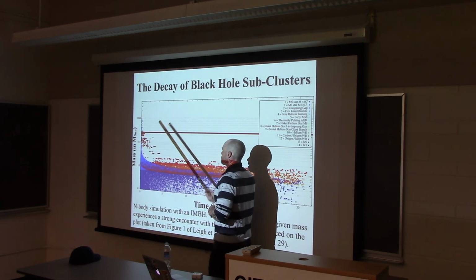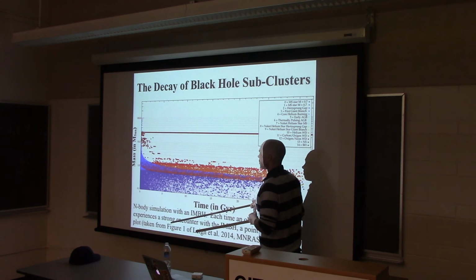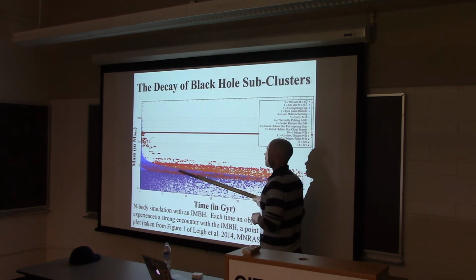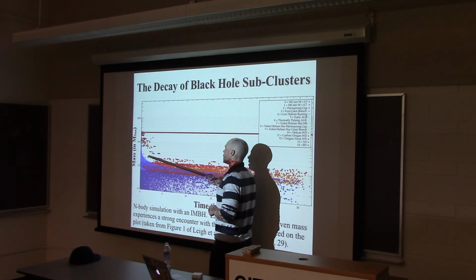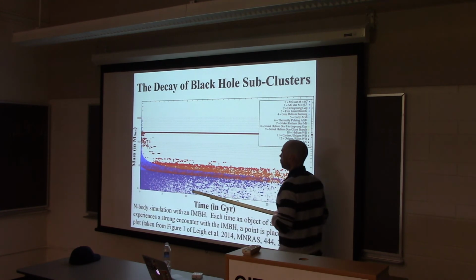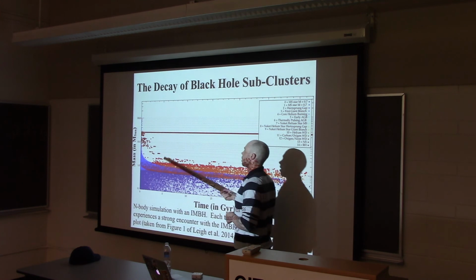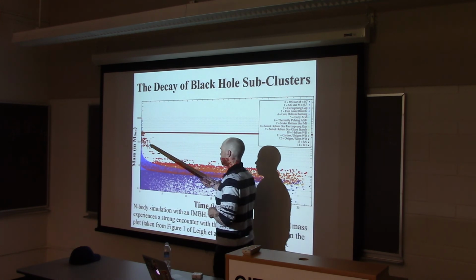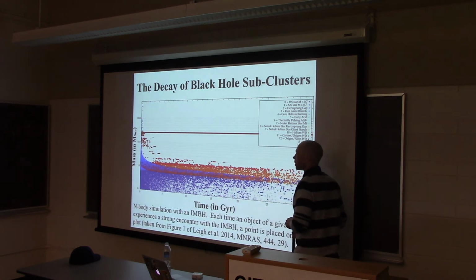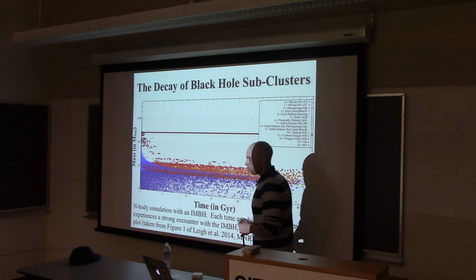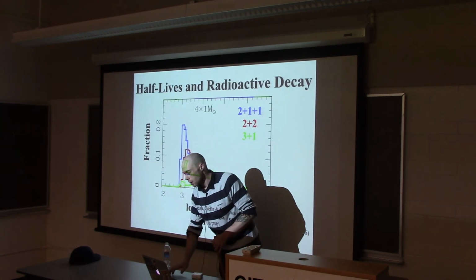This leads to the question: could you assign some sort of half-life to each black hole mass and use this to estimate the probability of a given decay chain, or what order these black holes will be ejected in? We've been trying to do work in this direction.